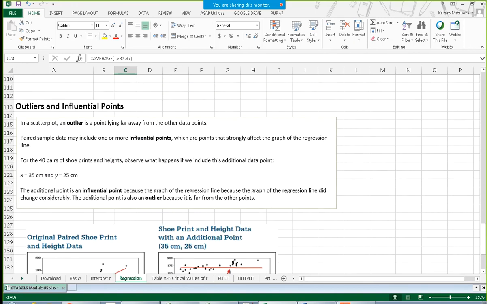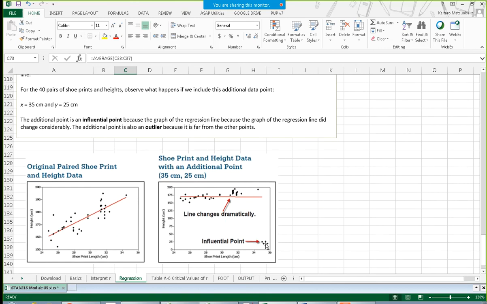With the addition of this 35 and 25 centimeters over here, you see that it's two things. It's way out here. That makes this point an outlier, and the slope changed dramatically. It was positive, but it's slightly negative here. If that happens, then you can say this point is an influential point.